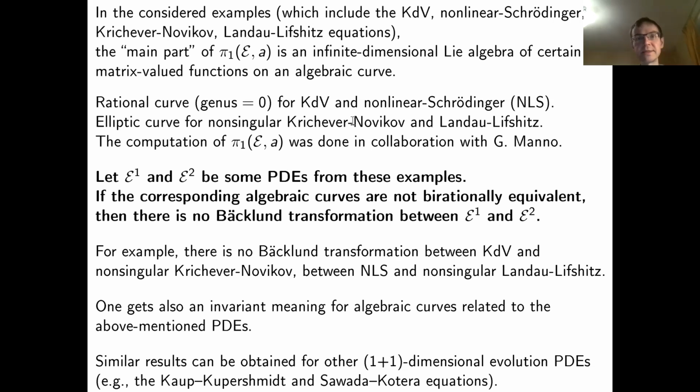Well, this is not surprising, of course. This is closely related to the fact that those PDEs have zero curvature representations with parameters lying on those curves, but the explicit zero curvature representations are defined in coordinates, and here we have a coordinate independent approach, which allows us to recover algebraic curves for those PDEs in a purely geometric way, not using any coordinates.